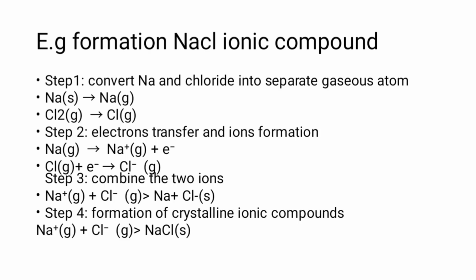Chloride in gaseous state becomes chlorine gas. Chlorine in grade 11 is one of the two chlorine molecule, so the bond energy is used to cancel it. So we get sodium and chlorine as gaseous atoms. Then step 2 is electron transfer and ion formation.